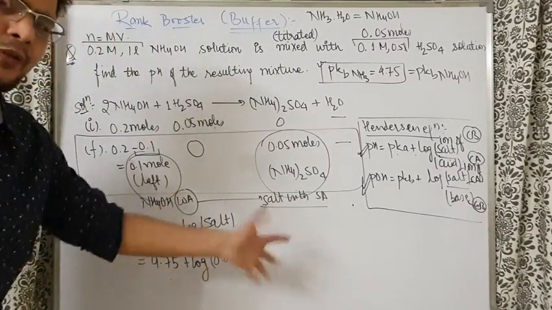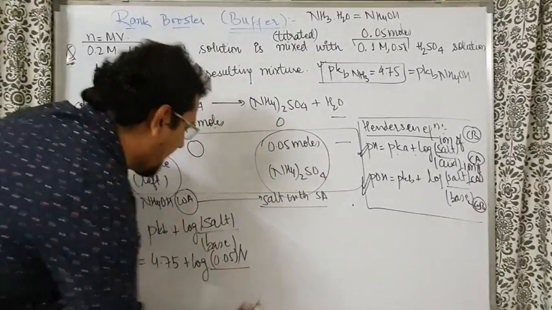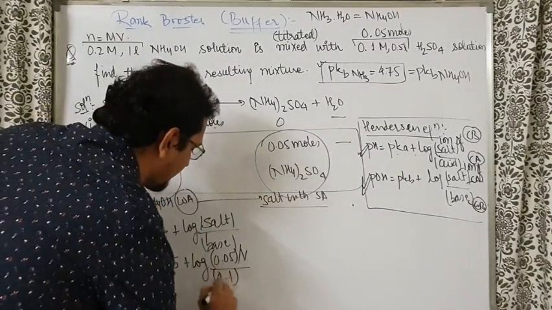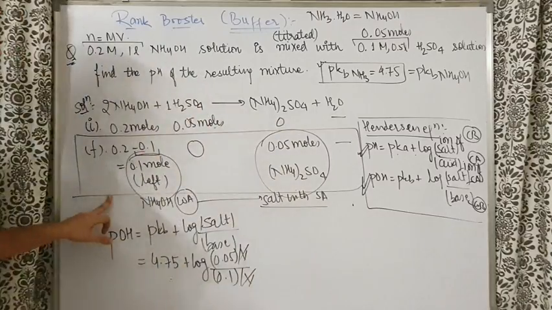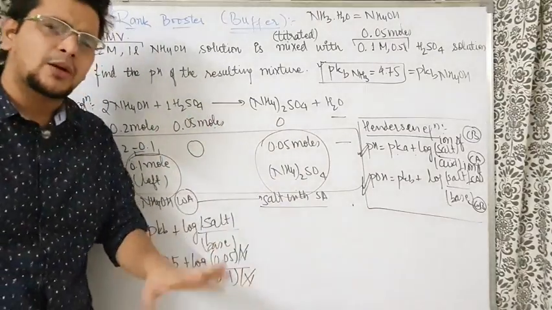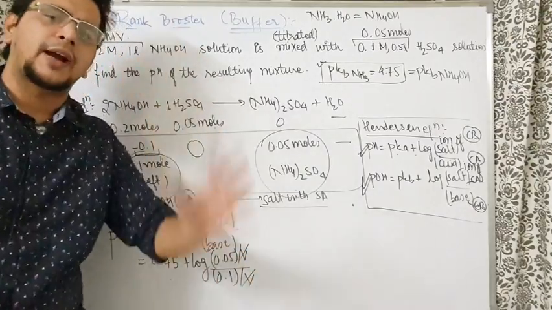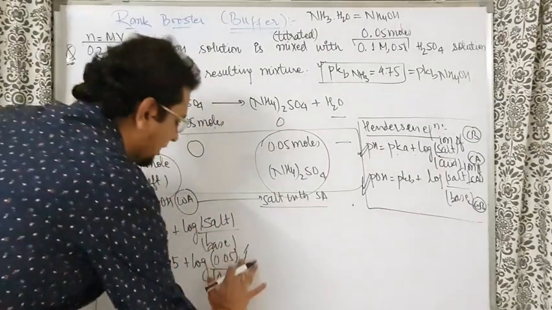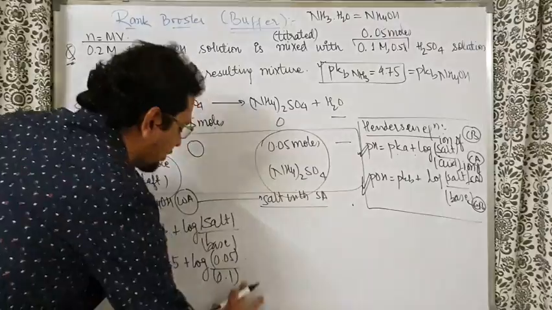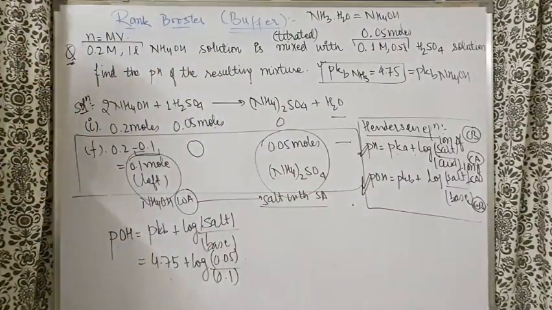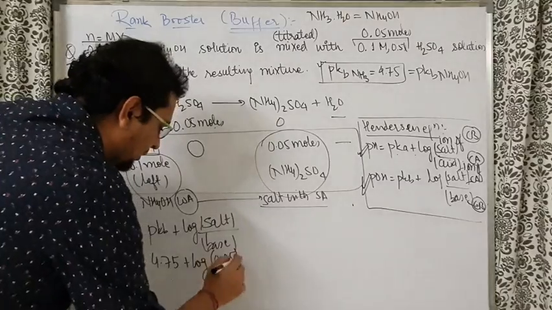So 0.05 by V. Why V? You will understand. Upon how much base is left over? 0.1 is the base in the solution divided by V. So V will get cancelled. So in the Henderson equation it does not matter whether you put concentration or moles, it is one and the same thing. Whichever you find easier, you should do. I am not putting the volume, it does not make any difference because the volume will anyway cancel out. They are in the same solution, which means the volume will be the same. Very good. Then what will happen?